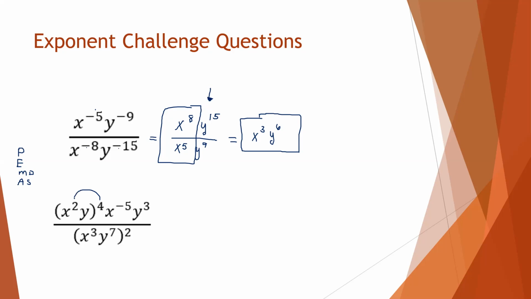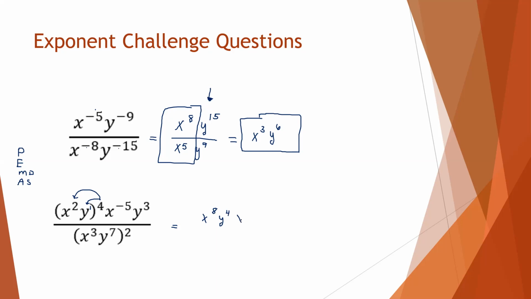We have in our rules for exponents that with the scenario with an exponent inside and outside the parentheses, we multiply them. So I will get on the top here, x to the 8th power. The y has an unwritten 1 as its exponent, so when I multiply, I have y to the 4th power.